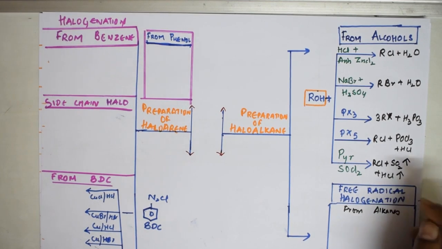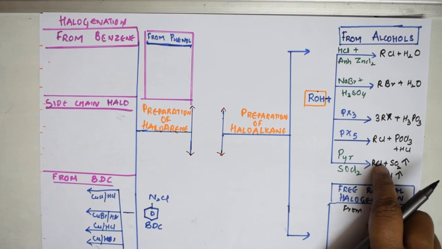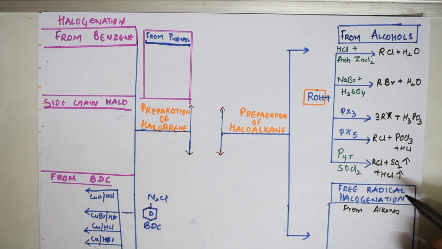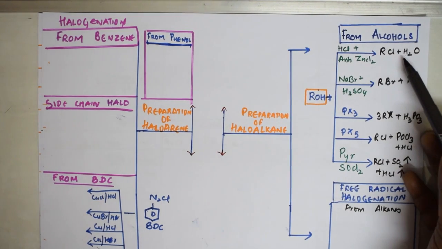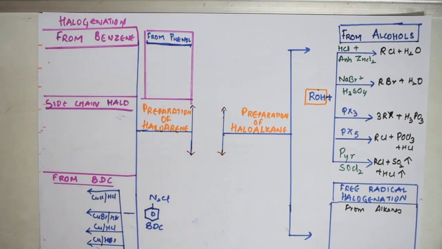This is why it is called an economical process, and we get RCl here. The name of this procedure is Darzan's procedure. So this is called Groove's process, this is called Darzan's procedure. Yes students, again I'm saying this is a mind mapping, a refreshing of all the reactions. For clear explanation, I have done all the videos, you can watch them.